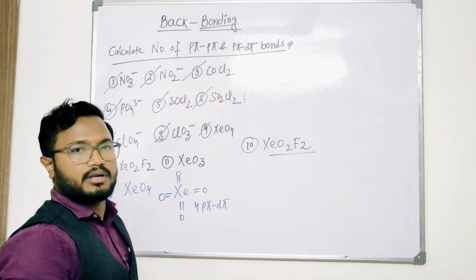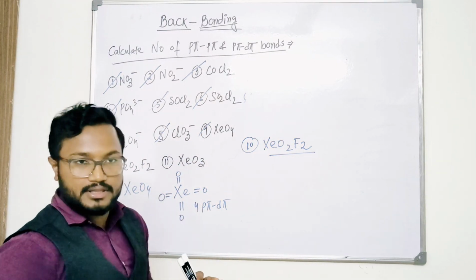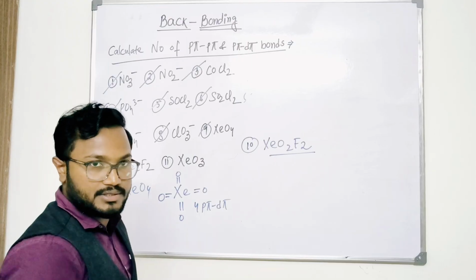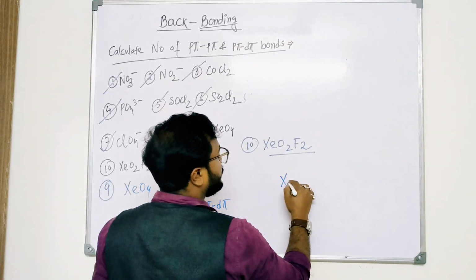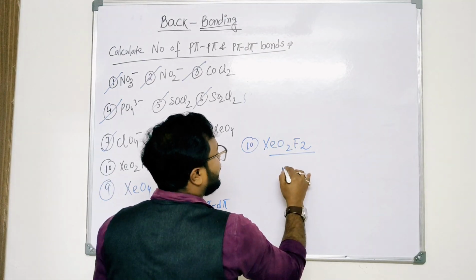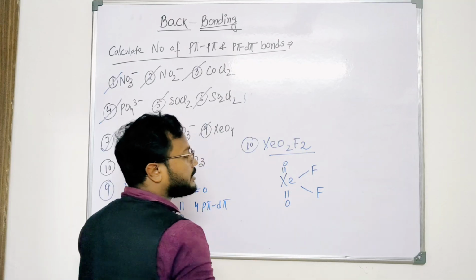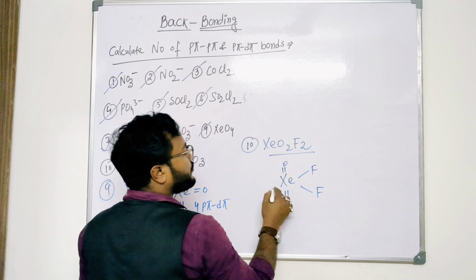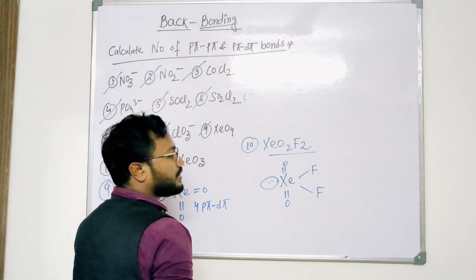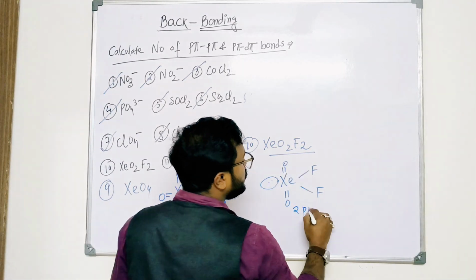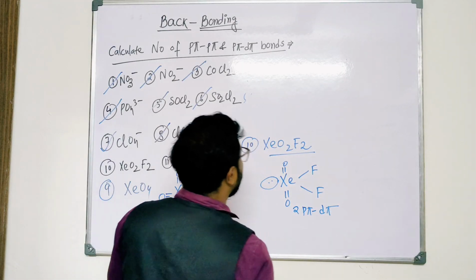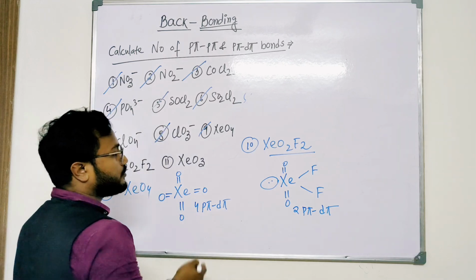Whenever you are solving, take a pause, then start solving the question, then check with my answers. XeO2F2, Xe double bond O, and 2 fluorines are connected. 1, 2, 3, 4, 5, 6. One lone pair is there. In this case, 2 p pi d pi back bonding, XeO2F2.